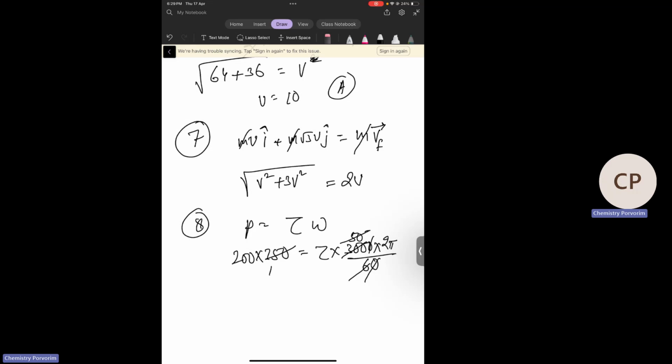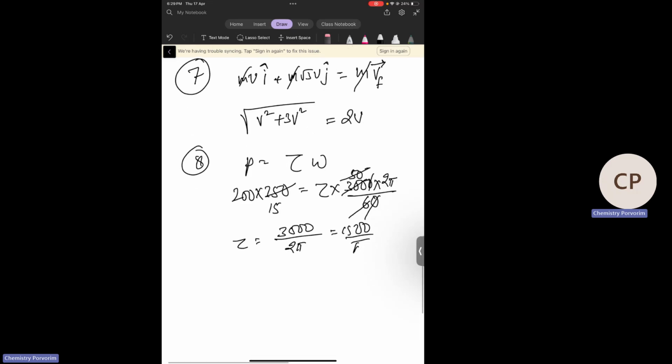Tau is equal to 3000 upon 2 pi, or 1500 by pi. Option A.